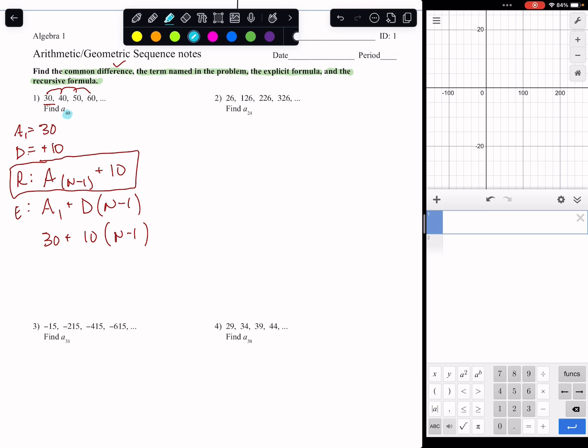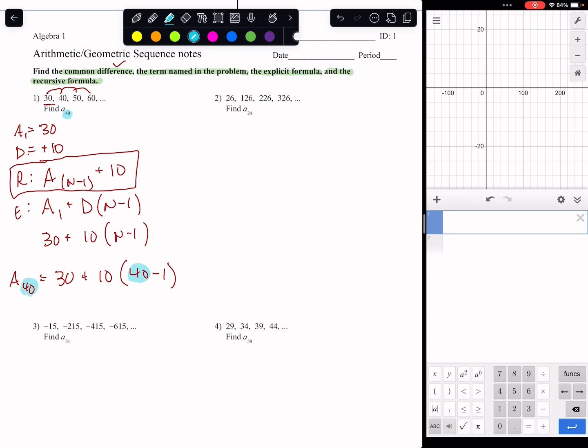So what that means I have to do is this. I want to know what A of 40 is. 30 plus 10, and where this n was right here, I got to put 40 here minus 1. This n and this n are the same.